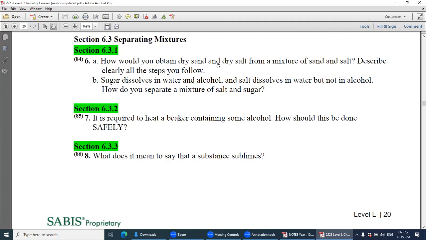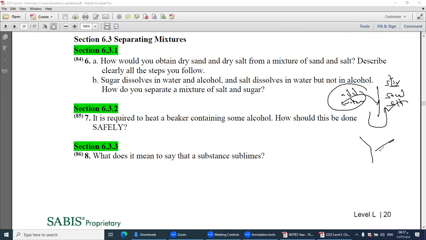Again, look, I have here a mixture of what? Sand and salt. Okay. What did I do first? Say it with me. Add what? Water. Add water and stirring. Number 2, what do we do? Filtration. Then to obtain sand we'll take the residue.